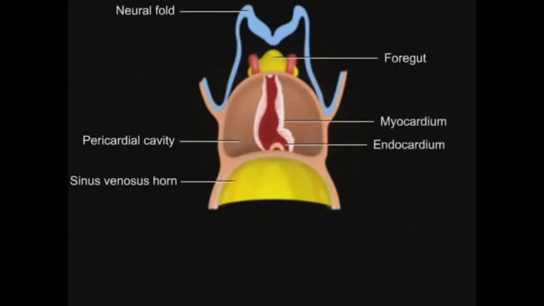Also, I'd like to demonstrate here this yellow part of the scheme of the diagram, which is the yolk sac. The yolk sac exists in this period, and from it the foregut is forming.